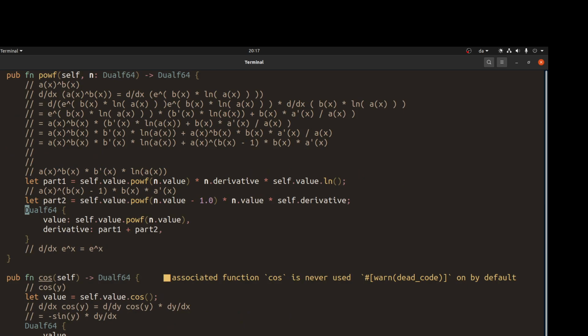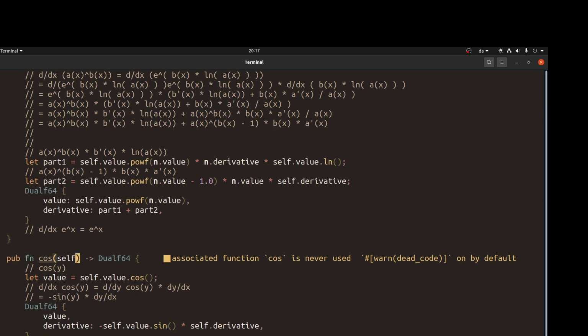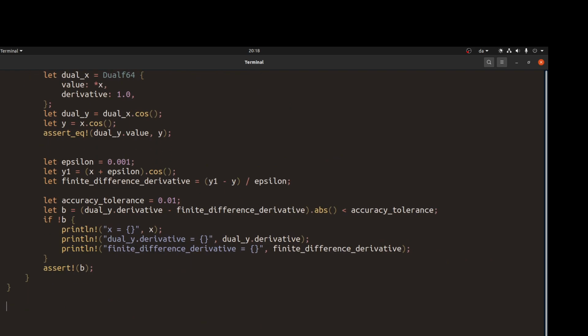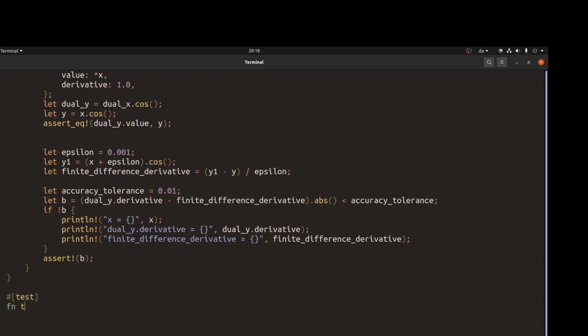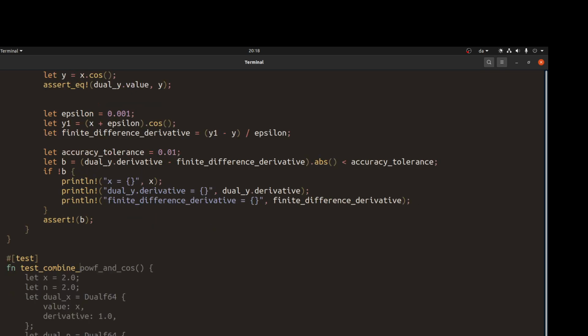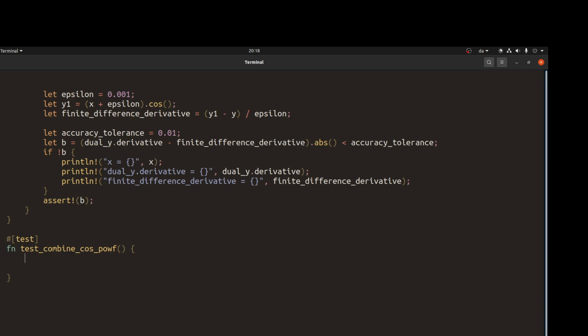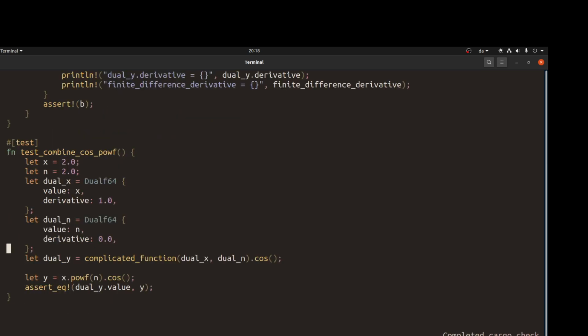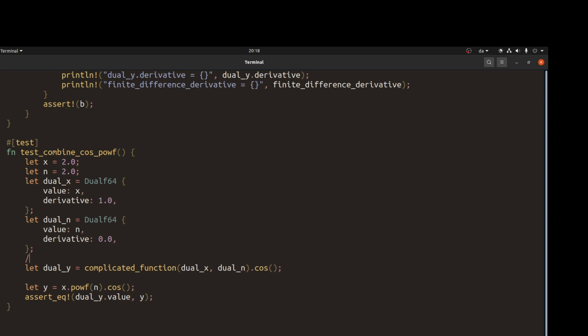So that was a bit easier, and that's because there's only one argument, so we don't have to worry too much. Let's write another test that lets us combine. So test combine cos and float thingy. So we can take Copilot's test, it's probably okay. So first we take x to the n, and then we take the cosine of that. So the derivative should be this thing.